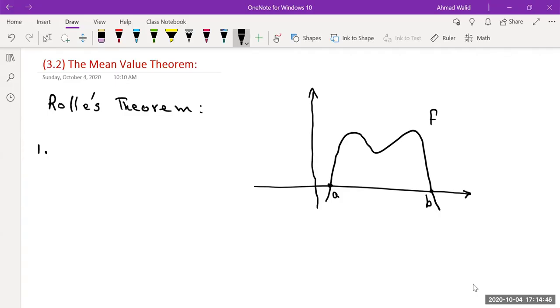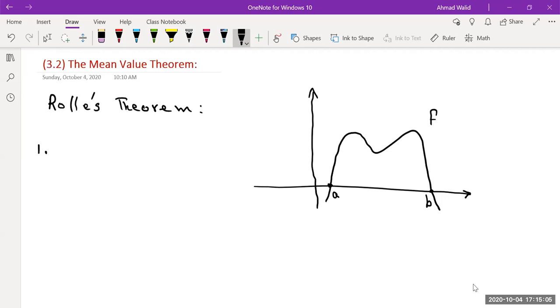And also, if this function is differentiable in an open interval AB, you can see that if a function is continuous, you already learned that you can differentiate your function in an open interval AB, correct?